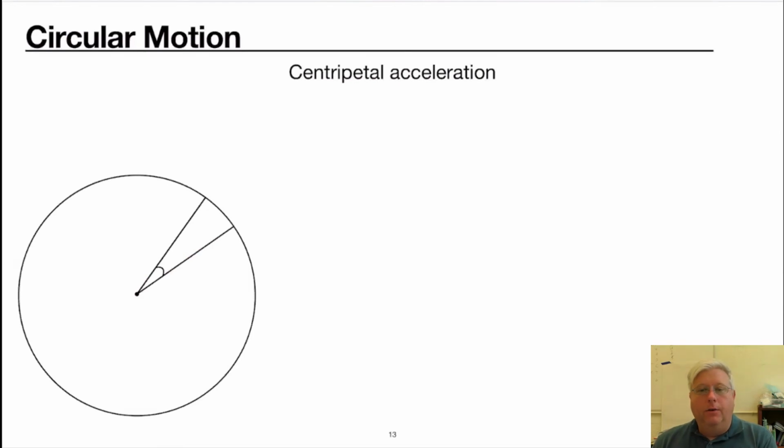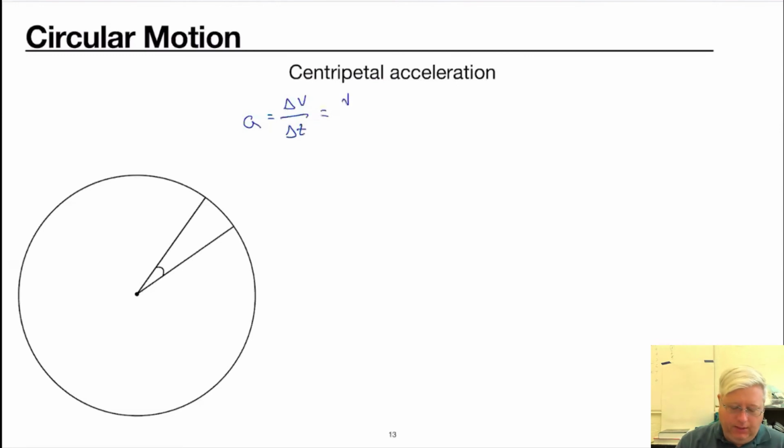All right, so how do we calculate centripetal acceleration? Well, what is acceleration? It is the change in velocity over the change in time, or that's the derivative, dv/dt.